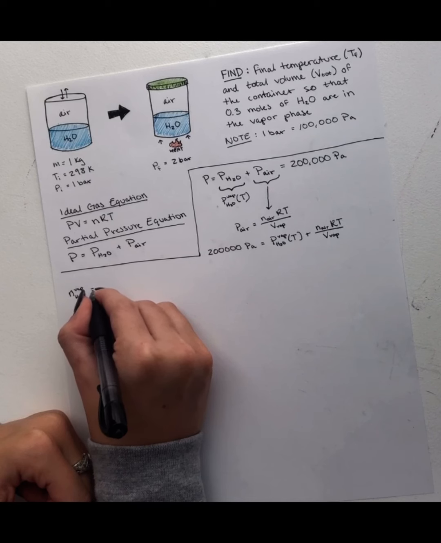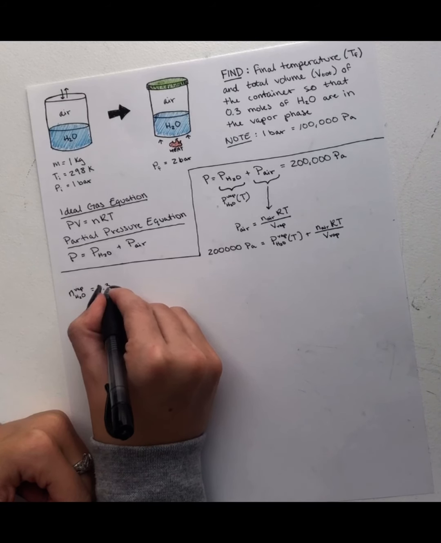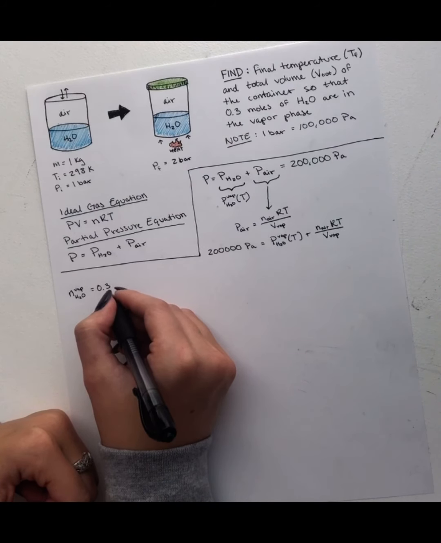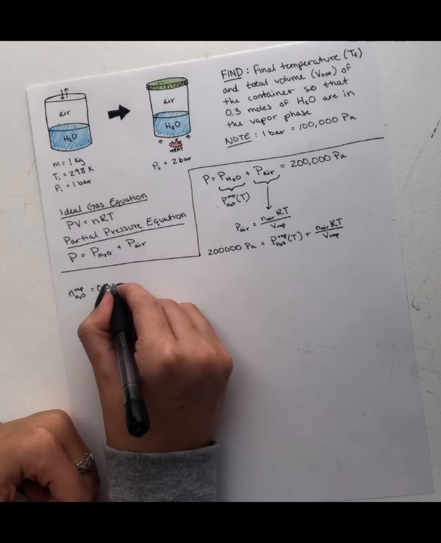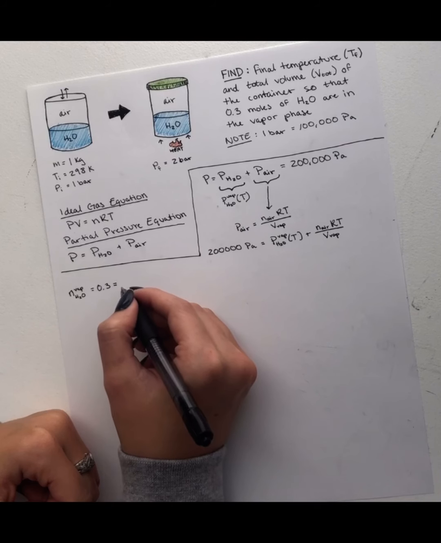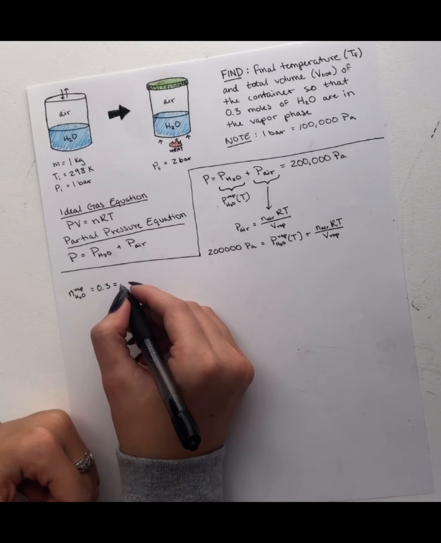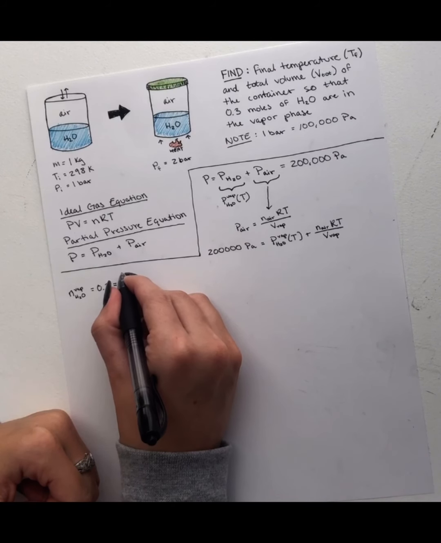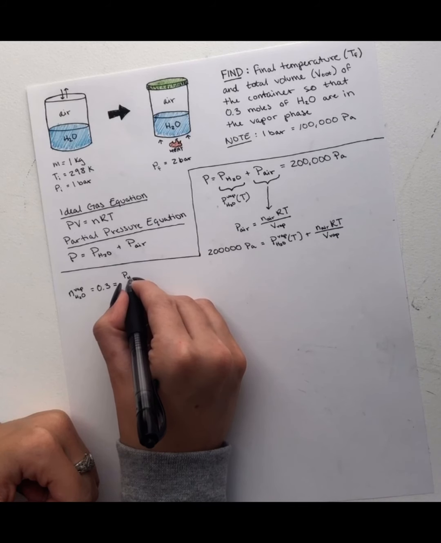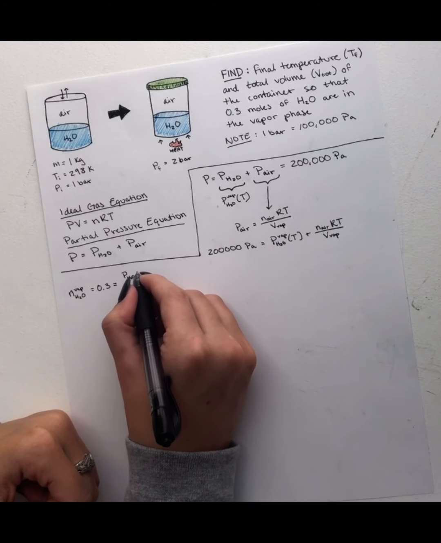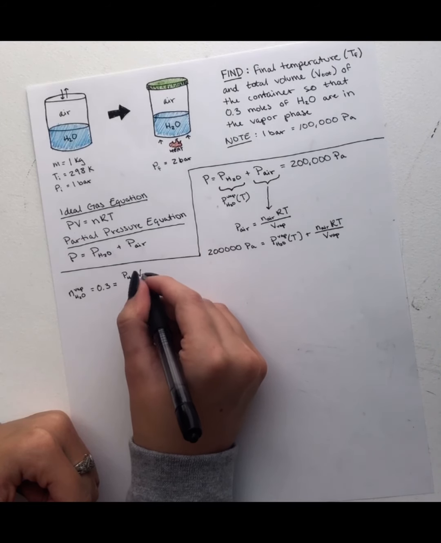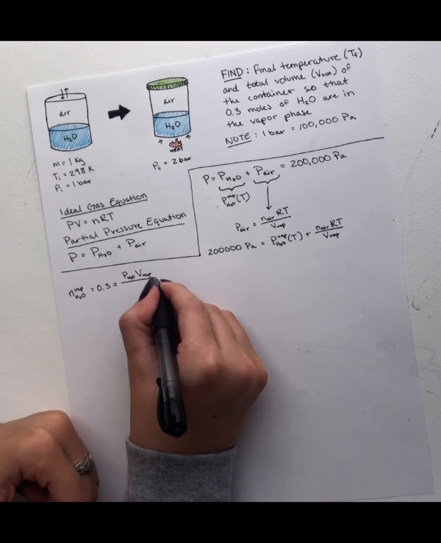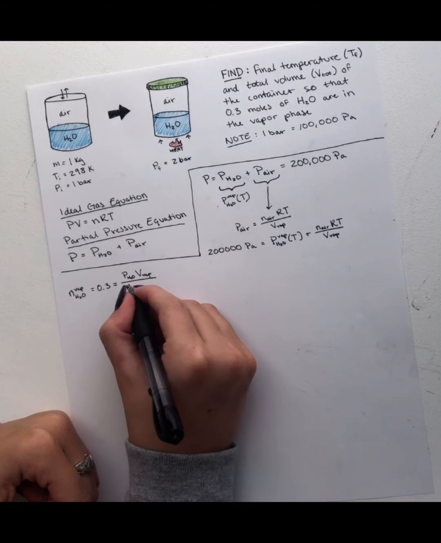We want it to be equal to 0.3. And the way that we can solve for this, again, is using the ideal gas equation. So 0.3 is going to be equal to the partial pressure of water times the volume of the vapor phase over the ideal gas constant and temperature.